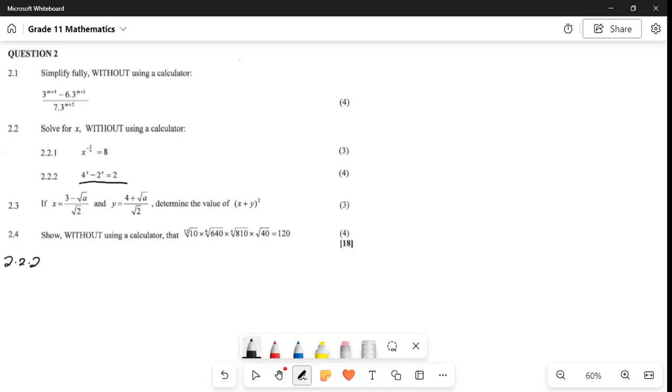It doesn't look very friendly, but trust me, it is very easy. We've got 4 to the power x minus 2 to the power x equals 2.